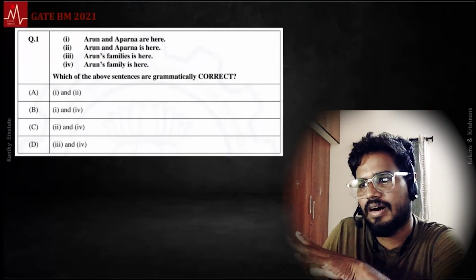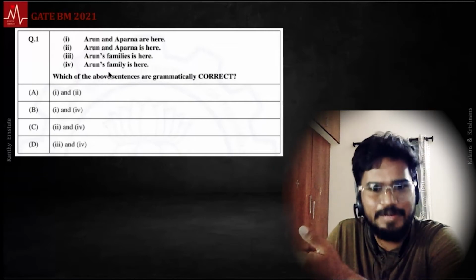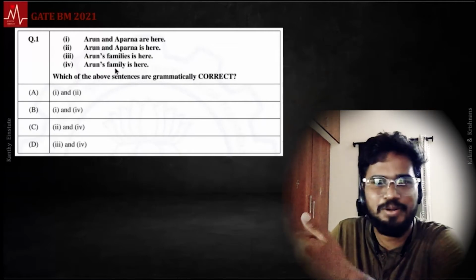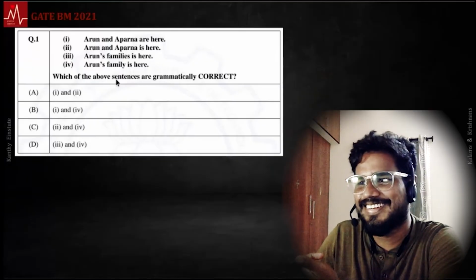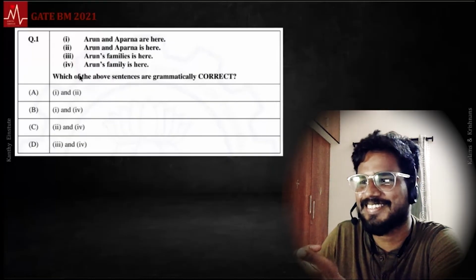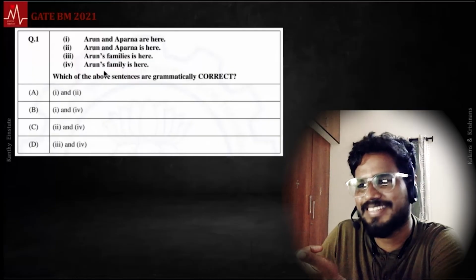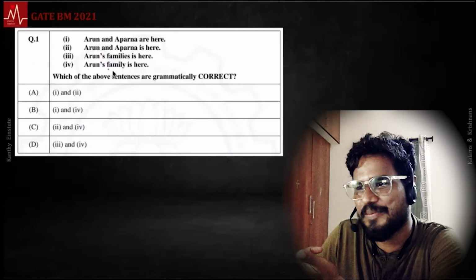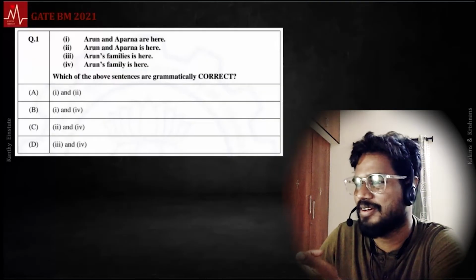So Arun's family, typically this is singular. A person has one family. All Indians are my brothers and sisters. There is one family, one world, one family. Family is singular. Is here. Arun and Aparna.